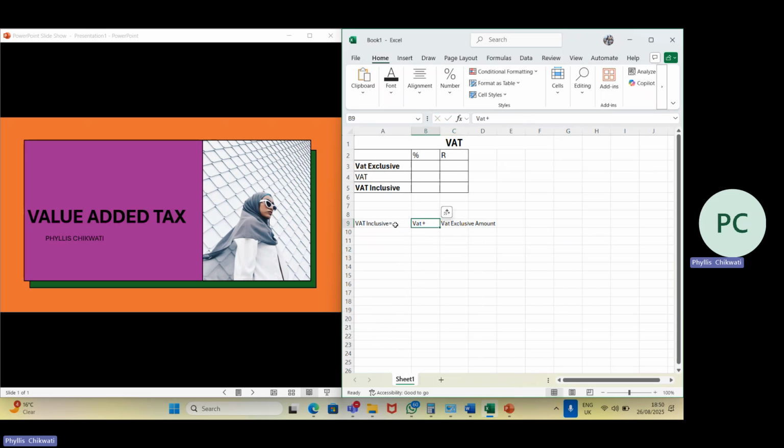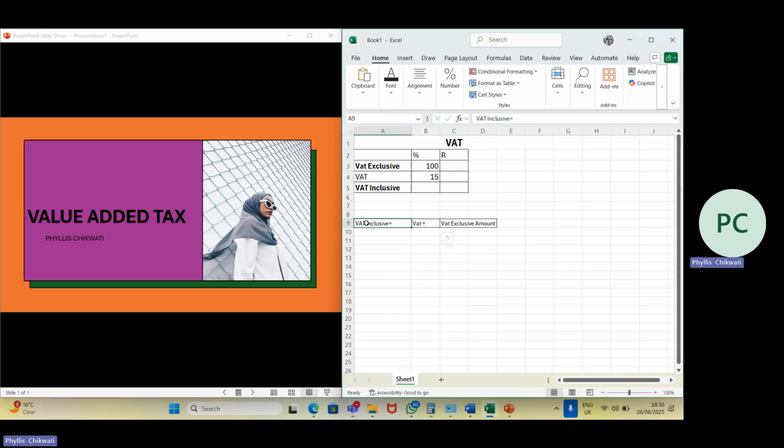This is a very important equation that we are required to master. When we are doing a VAT question, you need to know this equation in order to find the missing component. As I said, this is already known, 15%. But I said your VAT is always calculated on the exclusive amount, so this is our 100%.